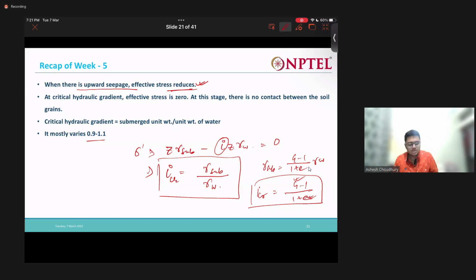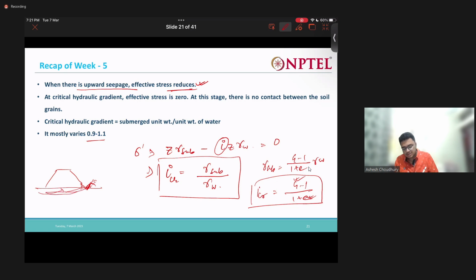And boiling, because, as I told you before, take this earth dam. If at the exit you have reached your critical gradient, what will happen is that the soil will just keep on coming out like this. It will keep on heaving and the water will start flowing.